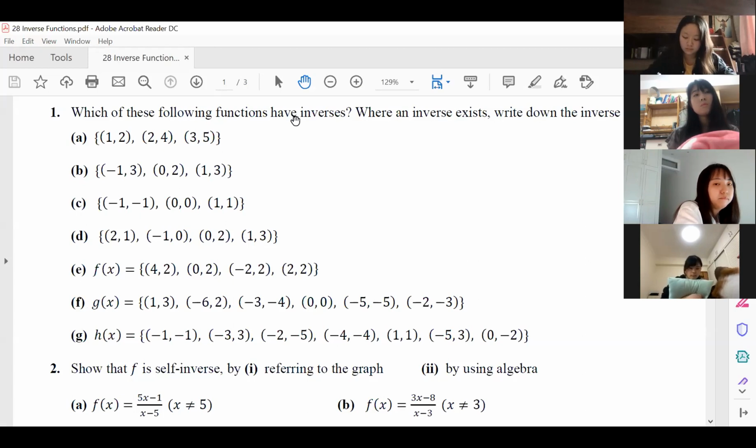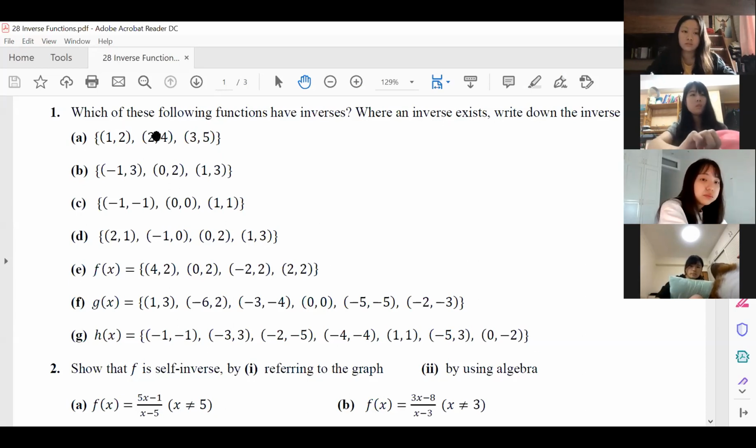And we can check it ourselves. Do we have any two ordered pairs with the same x coordinates in question 1? Everybody turn on your mic and say something. No. Now let's check the y coordinates. Do we have two ordered pairs with the same y? No. So the inverse exists here.